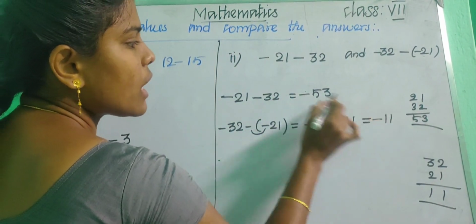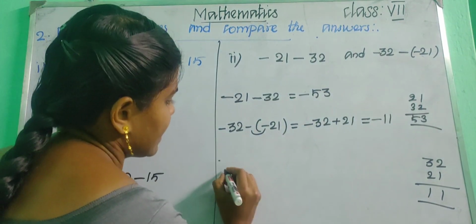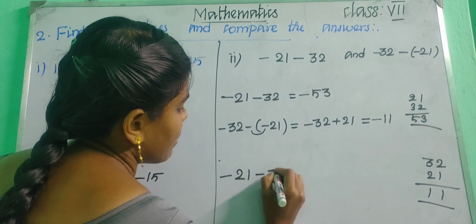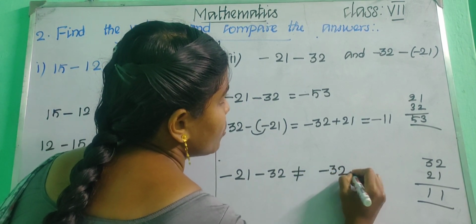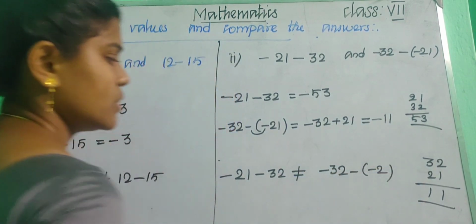Are these two equal? No, right? So we can write minus 21 minus 32 is not equal to minus 32 minus of minus 21.